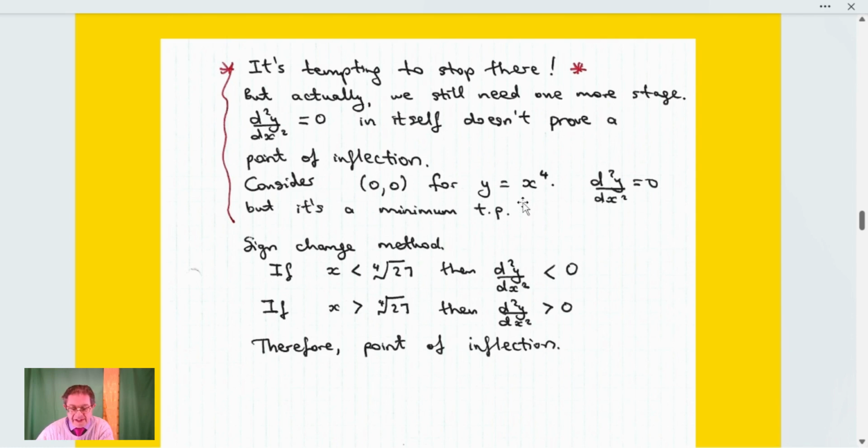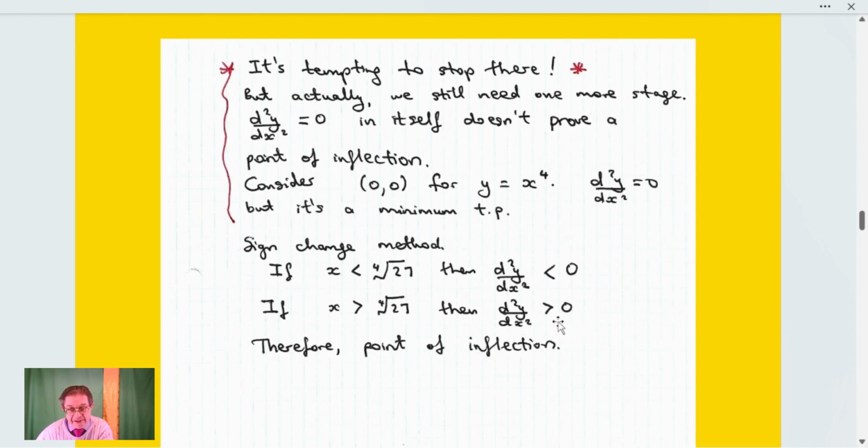One good way of showing that it is in fact a point of inflection is the sign change method. So just to say that when x is less than the fourth root of 27, the second derivative is less than naught. In other words, the gradient is decreasing. When x is greater than the fourth root of 27, the gradient is increasing.